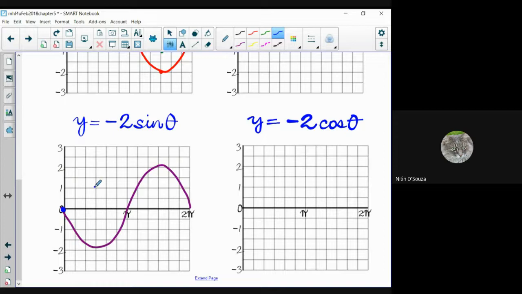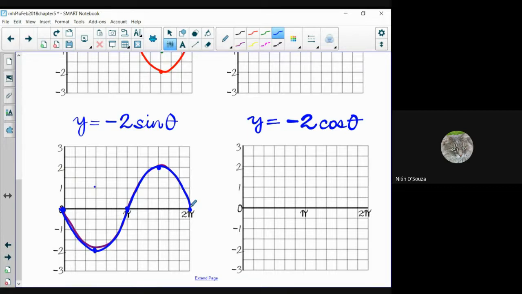If I multiply 1 by -2, I get -2. Zero times -2 is zero. Remember, my sine curve, my min would be here. -1 times -2 is +2. 0 times -2 is 0. And so that's why our graph flips. So basically, instead of the max being up, it flips.